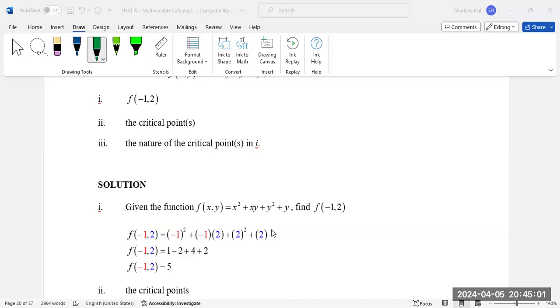If you look at it, this is f of negative 1, 2. But if you know that we talk about a multivariable function, look at this one here. This is f of x comma y. So once you talk about a multivariable function, it means that it's going to be negative 1, 2. So anywhere in the function you see x, you put negative 1, and where you see y, you put positive 2.